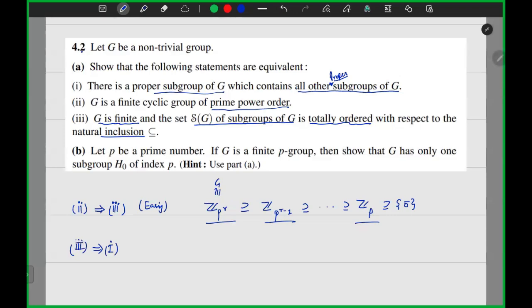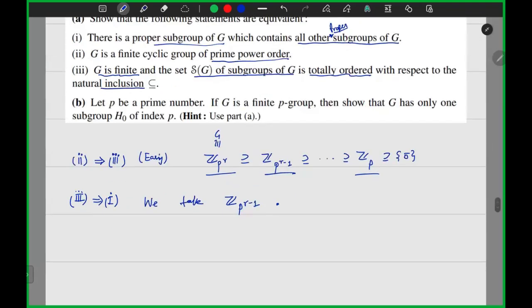We should take the maximum element of this totally ordered set of subgroups of G. In the above case, it is just Z_{p^{r-1}}, and this contains all other subgroups of proper order, right? No need to write anything.